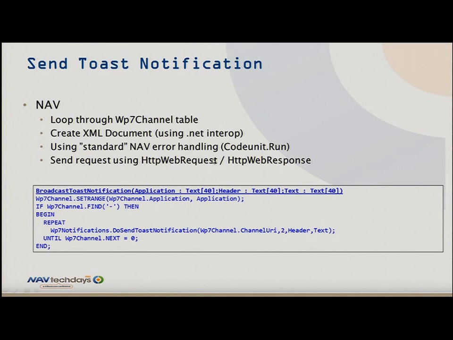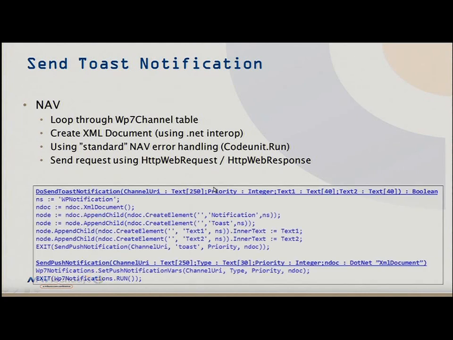So this is looping through the WP7 channel table, and the do send toast notification creates the XML document. If you know XML documents and .NET interop a little, you'll see that we create an XML document, underneath that we'll have a tag called notification, inside of that a tag called toast, inside of that a tag called text1, and next to that a tag called text2, which have the actual text that you want to display on the notification on that phone.